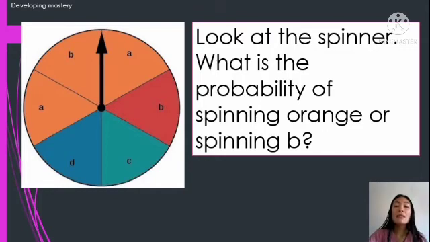So look at the spinner. Okay, we have here the spinner. There is letter A here inside the orange region, 2 A's and B, and we have here another letters. So what is the probability of spinning orange or spinning B?